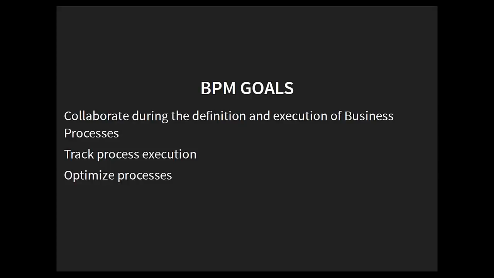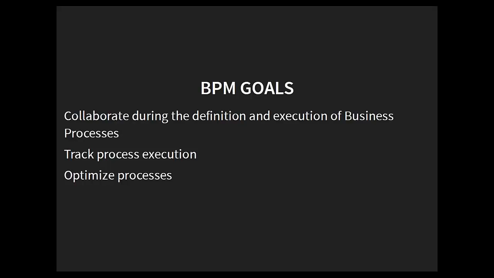So when we call it business processes, it's mainly something related to your business. And you will have business analysts or this kind of profile, people that will be working on the definition of the steps that have to be performed in order to orchestrate something in the right way and make it efficient. So that's what BPM brings. It's a way to collaborate around this definition and to make sure that the execution is run in the right way.